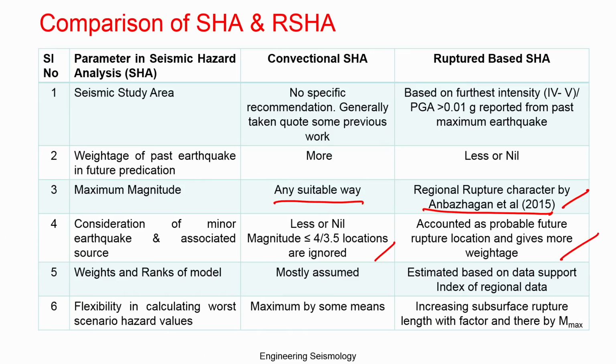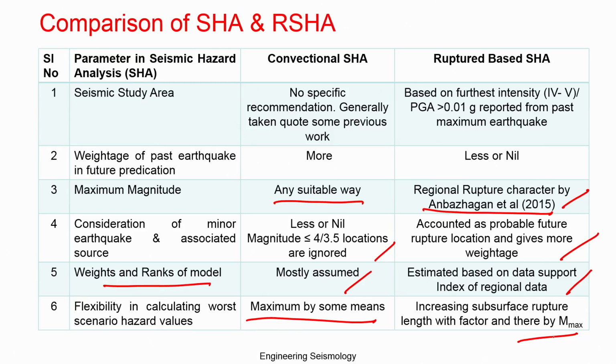Next, the weight and rank of GMPs. Mostly the conventional approach does not follow any ranking system. They assume, based on their knowledge, and take GMPs and give equal weightage or some weightage which they believe is right, whoever is doing or deciding the hazard analysis.